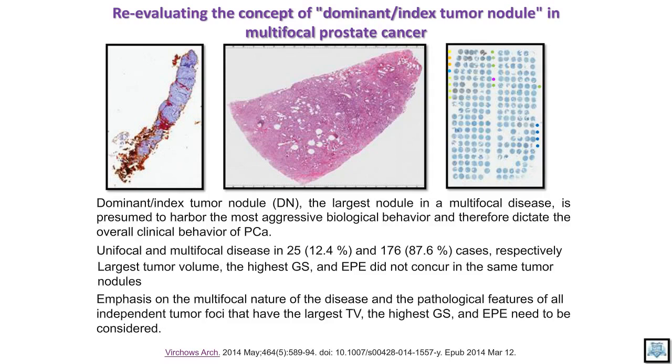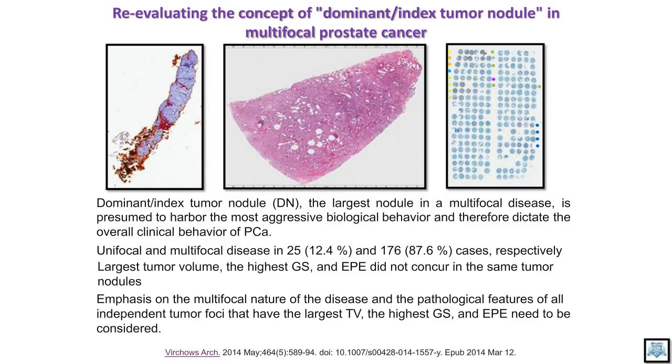Most of the time, the dominant or the index nodule, the largest nodule in a multifocal disease, is presumed to harbor the most aggressive biological behavior, and therefore dictate the overall clinical behavior of the prostate cancer. But it is not always the case that you find the largest tumor volume, the highest Gleason grade, or the extraprostatic extension all within the single tumor nodule.